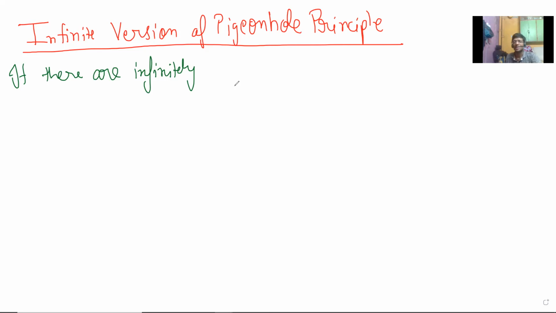But there is nothing. Infinite minus one, that's the problem with infinite minus one. It is again infinite. There are more technicalities in that, but infinite minus one we will not say. We will say that if there are infinitely many pigeons and finitely many cages, so that is the next smallest.